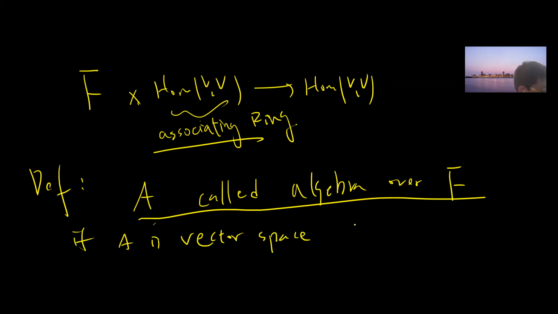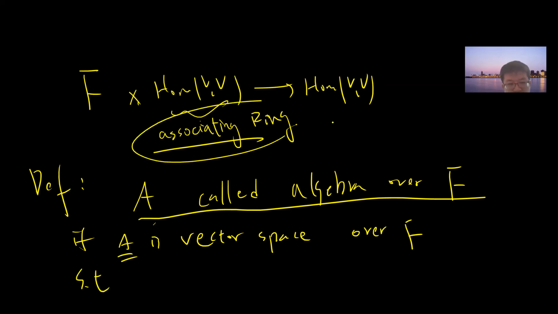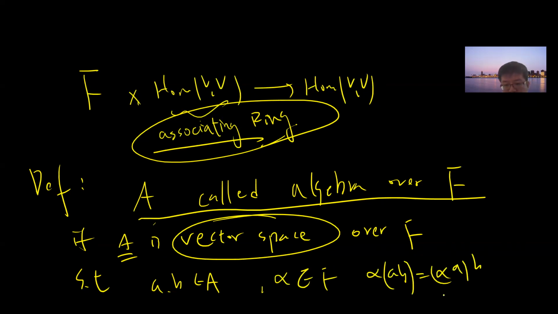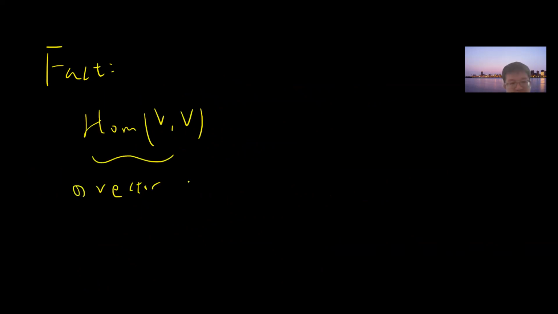So A itself is a ring and also a vector space, such that if a, b belong to A and alpha belongs to F, then alpha(ab) equals (alpha a)b equals a(alpha b). So the fact, from before, is that Hom(V,V) is not just a ring, it is also a vector space and an associative ring.